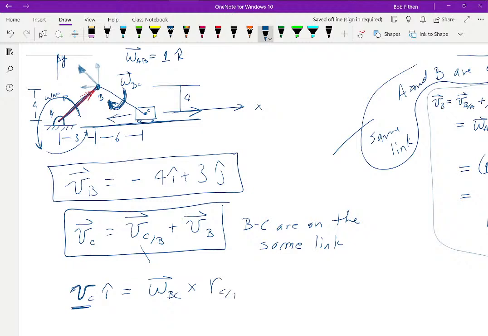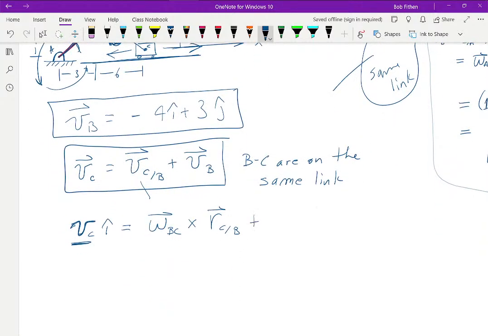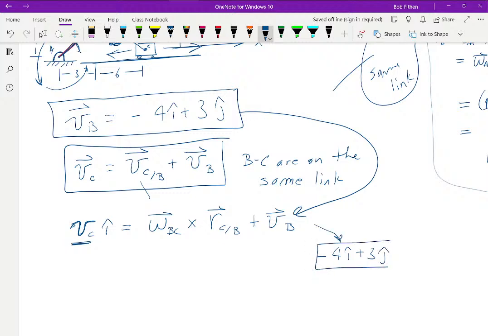R, C relative to B, and then the velocity of B. This can simply be copied right here, and this I, J, K will simply be written.